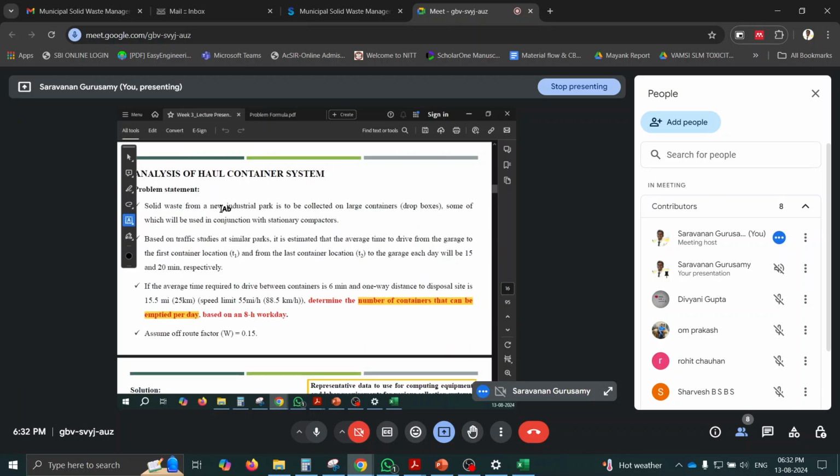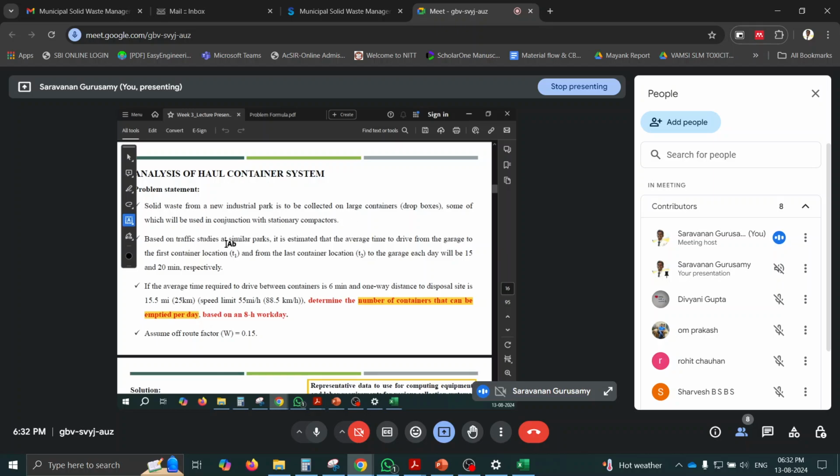Then another problem they have given: solid waste from a new industrial park is to be collected in large drop box containers, some of which will be used in conjunction with stationary compactors. So in a large container they are storing the industrial solid waste with some compaction machinery.